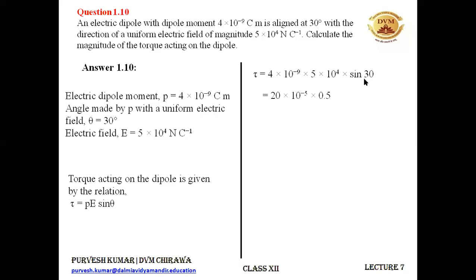And in place of sin 30, I have written 0.5, that is your half. Solve it out, you will be getting 10 to the power minus 4 Newton meter. The unit of torque is Newton meter, force multiplied by the perpendicular distance between the line of action of the forces. So that's why it is Newton meter.